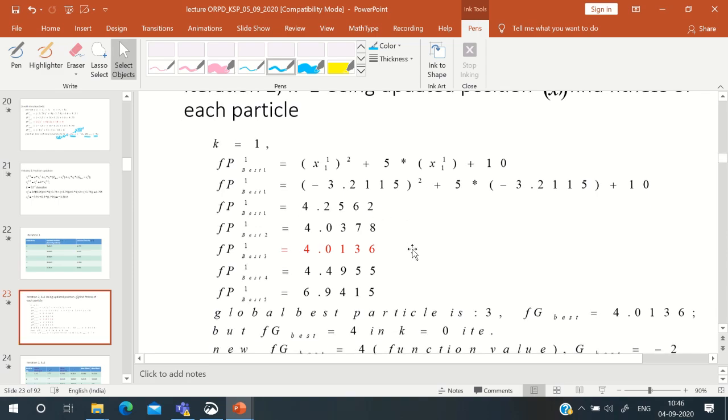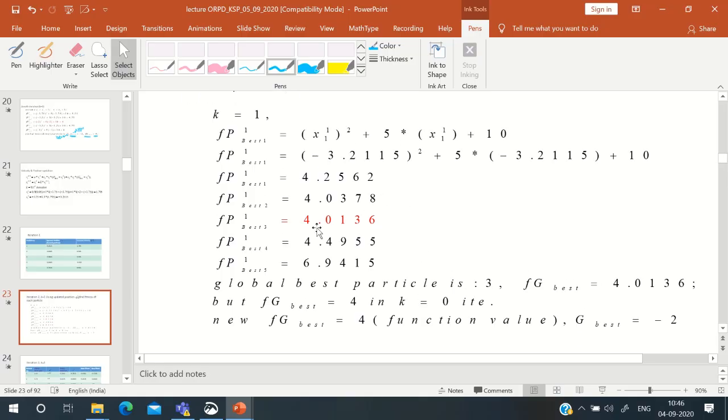I have not mentioned the other equations. I have done this work in a notebook, so you can cross-check these values. For the second particle 4.03, the third 4.01, the fourth 4.49, the fifth 6.94.